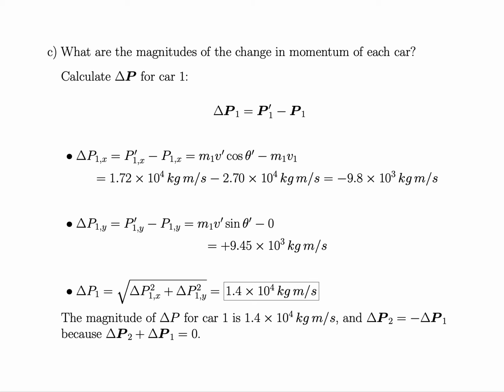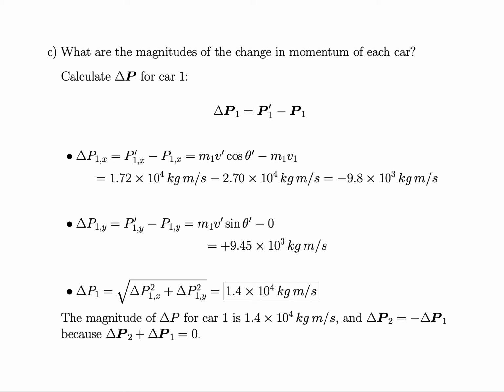So we can conclude from this that the change in momentum for car 2 is the same as the change in momentum for car 1, but as a vector, it would be in the opposite direction. Of course, behind conservation of momentum is lurking Newton's laws of motion, F equals ma, and the action-reaction law.